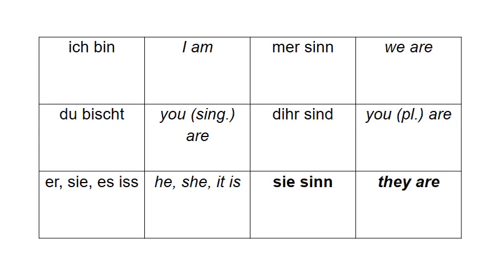They are is sie sind. You'll notice that the sie here for they can also mean she. So it's only context that lets you know whether it's a she or a they that's involved. Sie sind. They are.